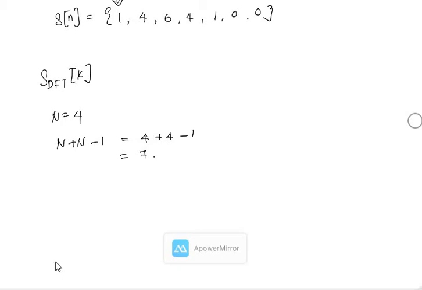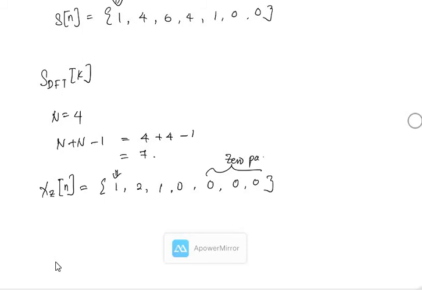And then the xn is 1, 2, 1, 0, and then zero pad, so that the length of xn is 7. So you have 7: 1, 2, 3, 4, 5, 6, 7.